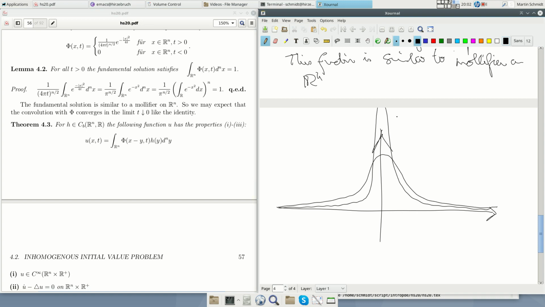This is for small t, and here for large t.